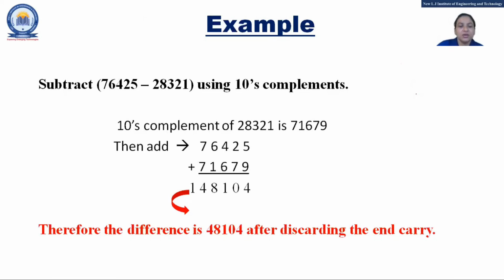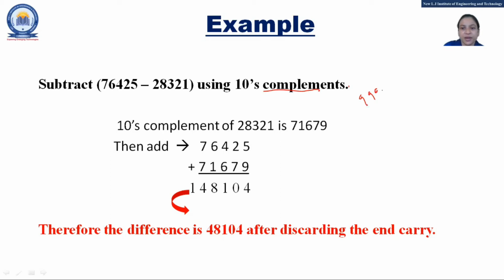Here we have to subtract using the tens complement method. What will we do here? First, we have to find the tens complement of the second number. Now, how will we find it?